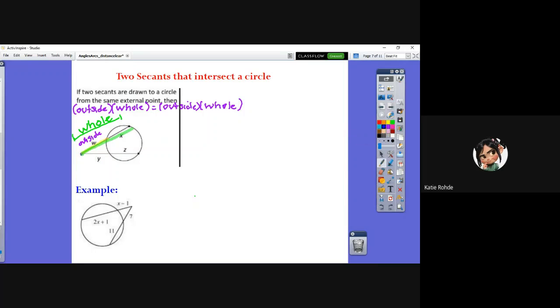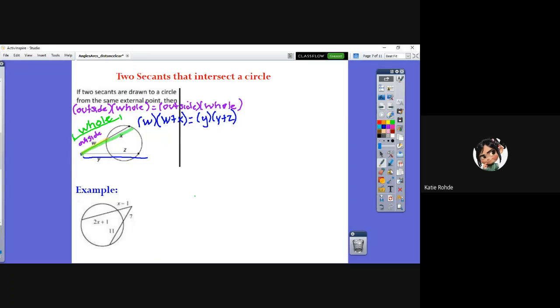So if we put it together, our outside piece is W. Our whole thing is W plus X. We have to add those two numbers together, and that's going to equal the outside piece of the other one, which is Y, and our whole thing here is Y plus Z. So that's the tricky part with our two secants.